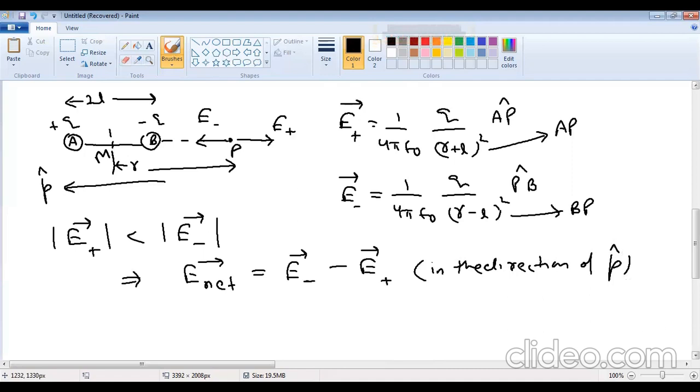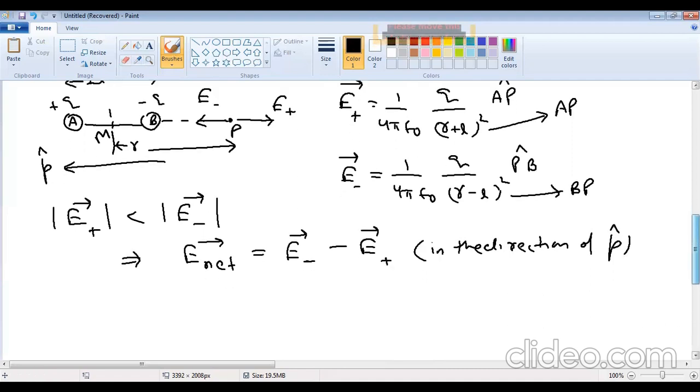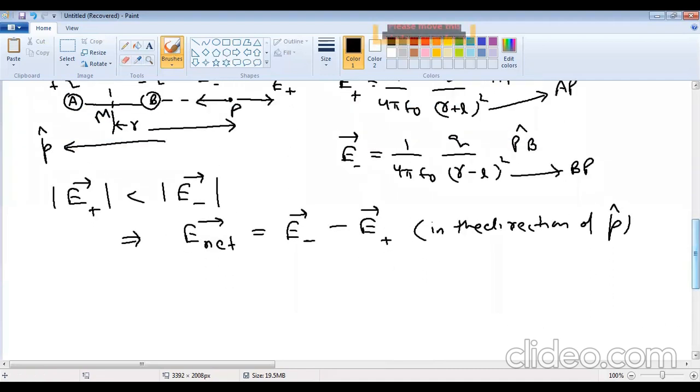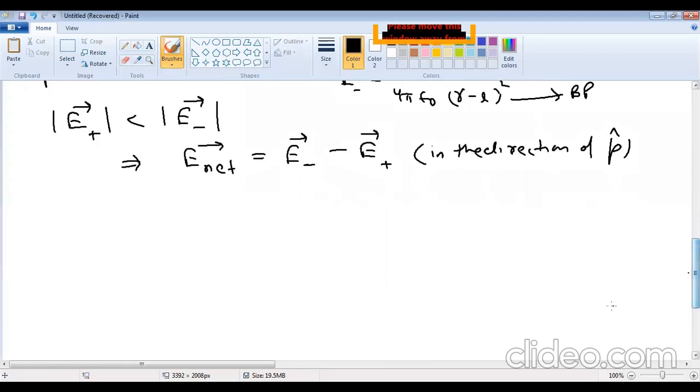This is very important for you to pay attention. Both of these whole expressions have been written for this P cap direction.